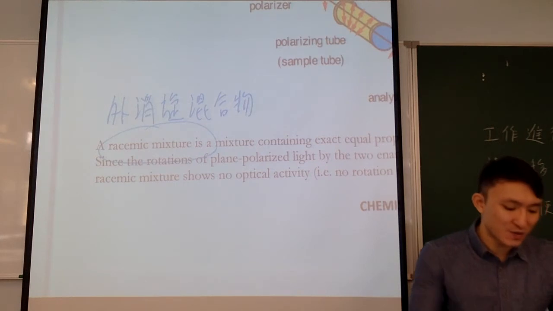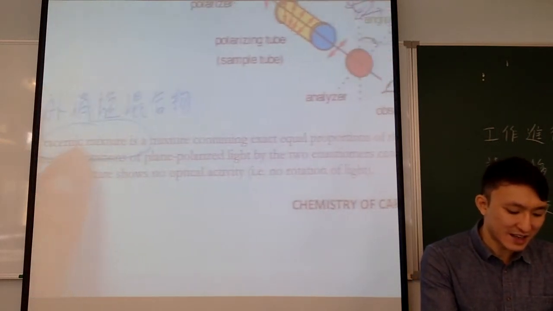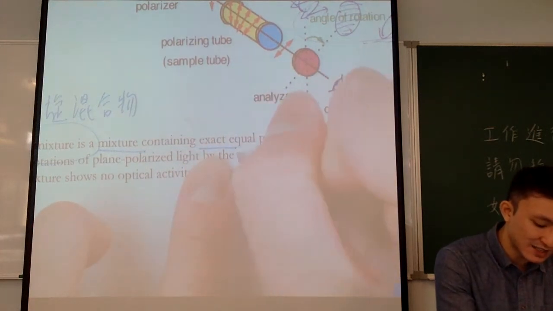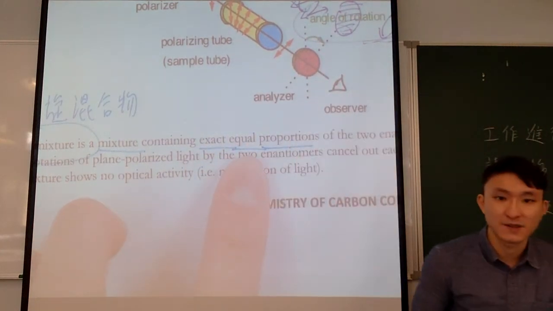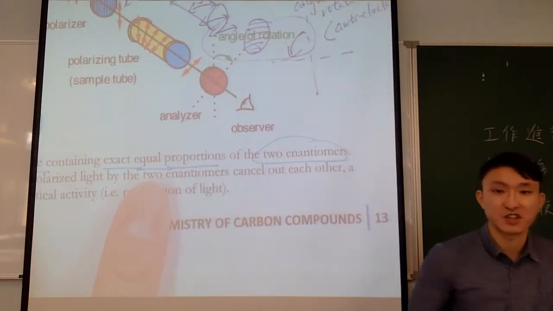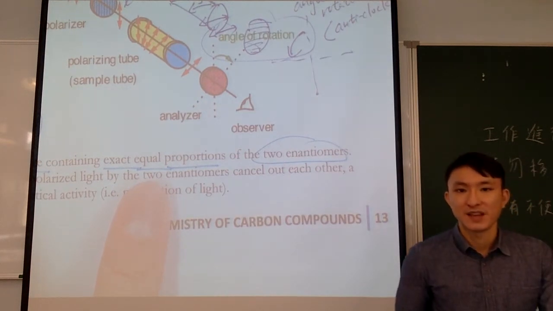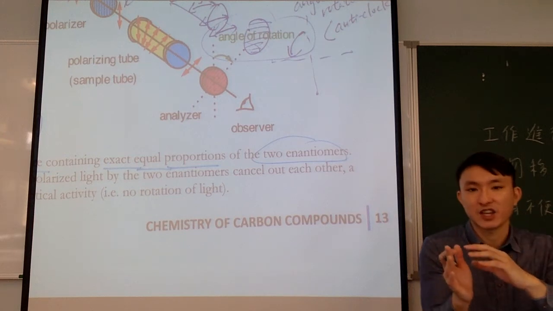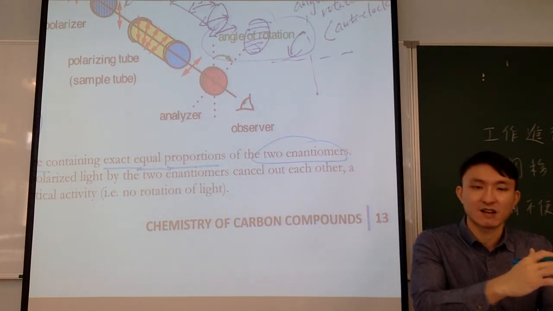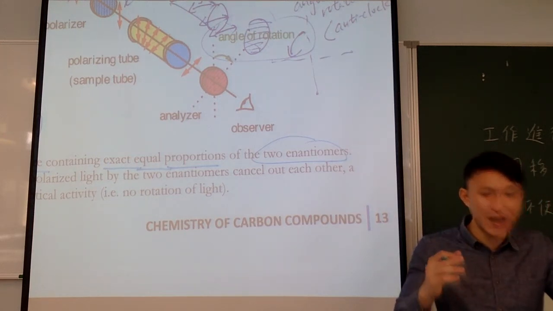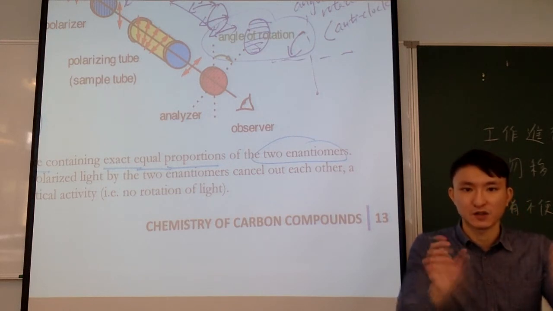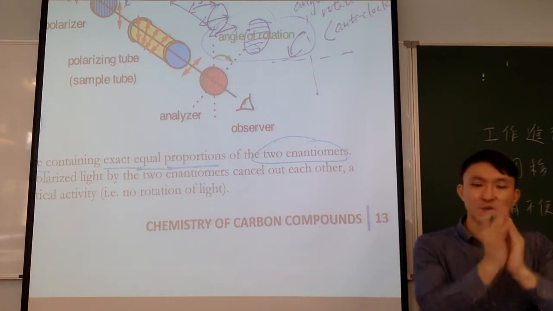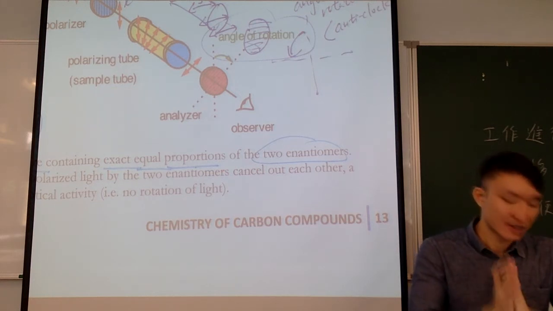So what is going on here is basically we have a mixture of exact equal proportion of the two enantiomers. So think about it. One enantiomer will rotate in a clockwise direction, another one will rotate in an anti-clockwise direction. So if we have exactly 50-50 of the two enantiomers, the rotation will exactly cancel out one another.